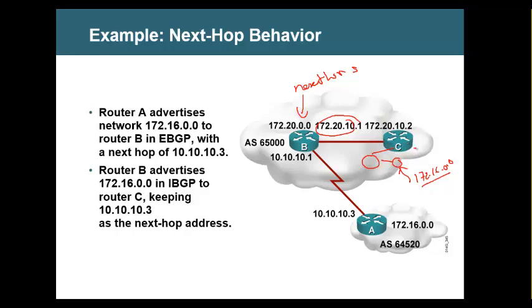It won't be the address of C router or D router. We need not say next-hop-self on every single hop. Say it only on router B, and router B will put its own address and send it to C, D, and E routers inside.